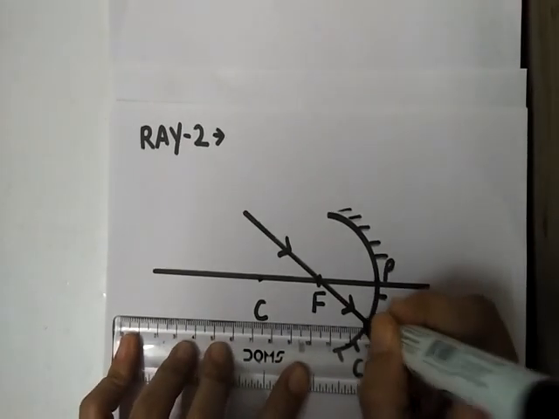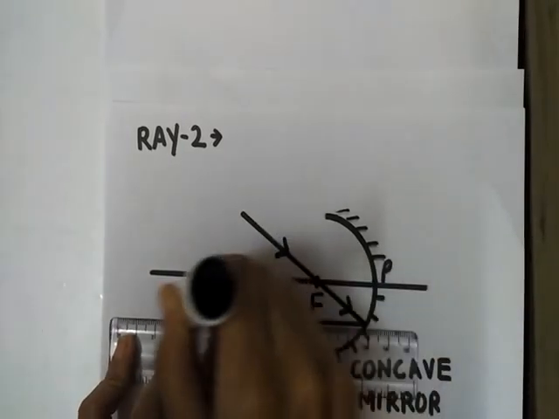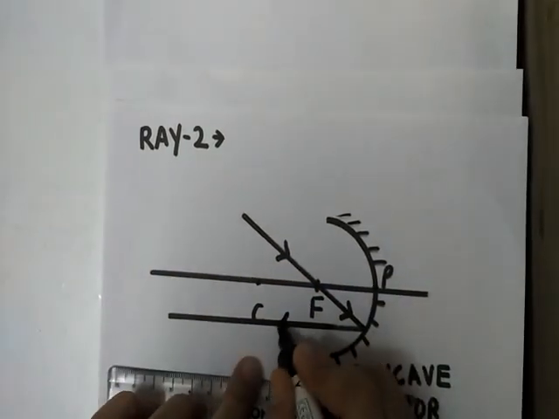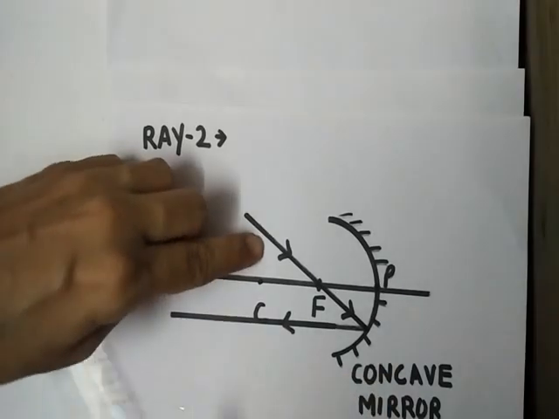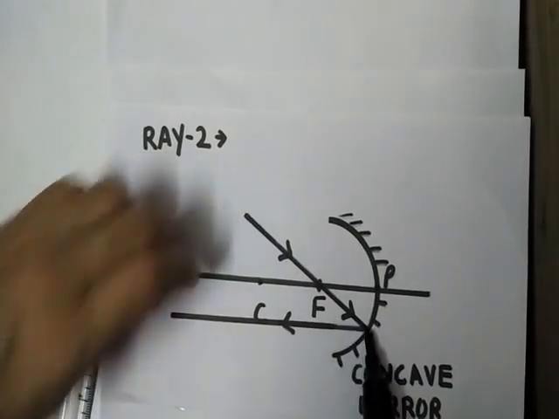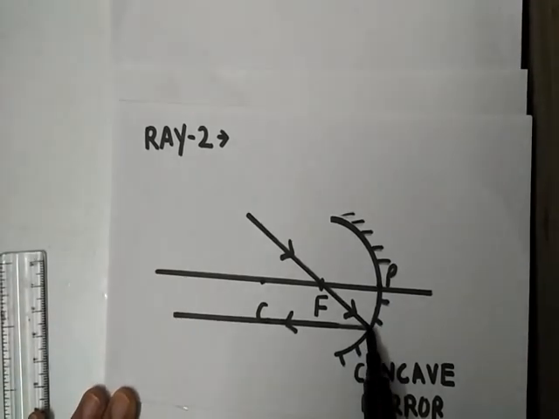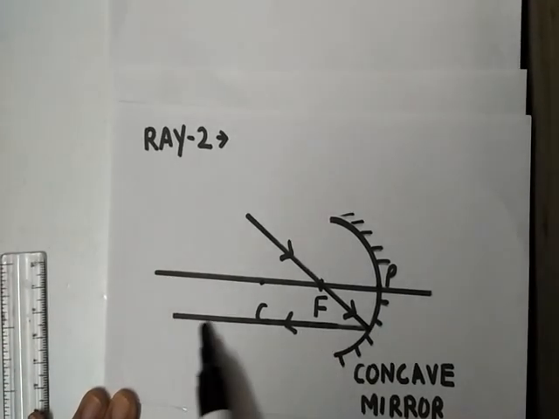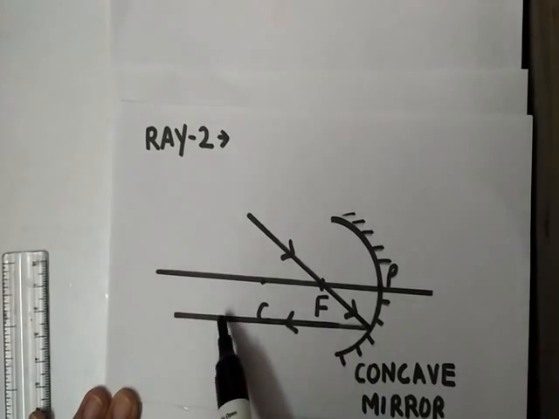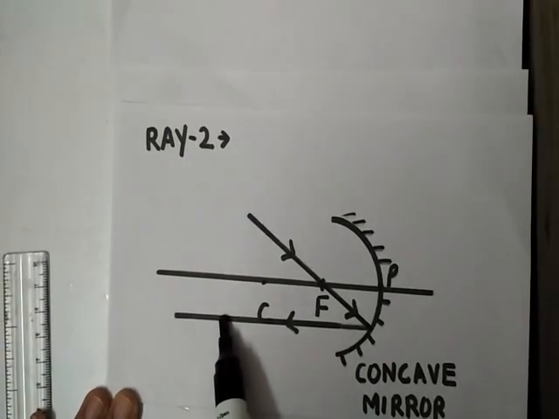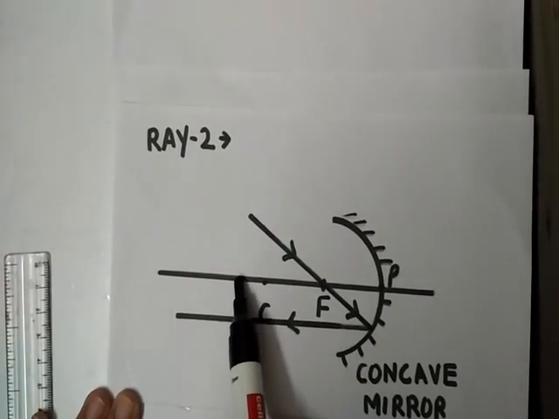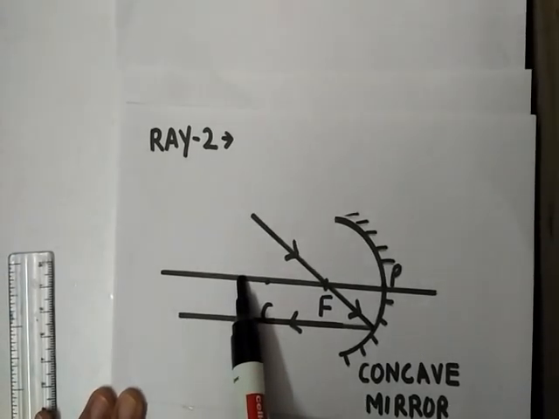So you will remember this thing, that whenever the incident ray is passing through the focus, then after reflection from the concave mirror, it will become parallel to the principal axis. You can see that this reflected ray is parallel to the principal axis.